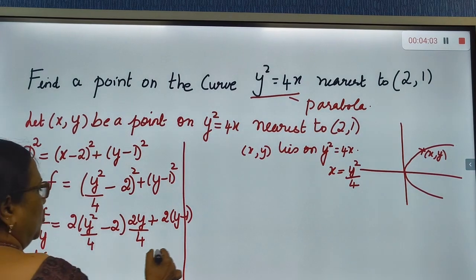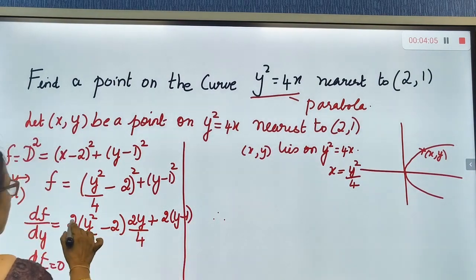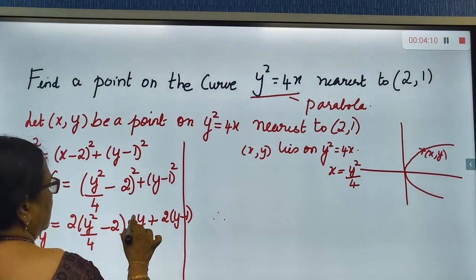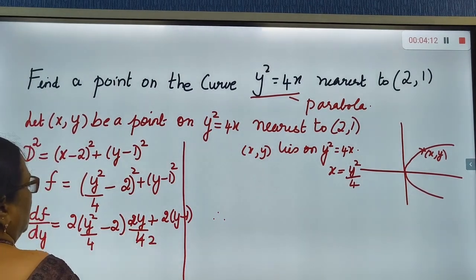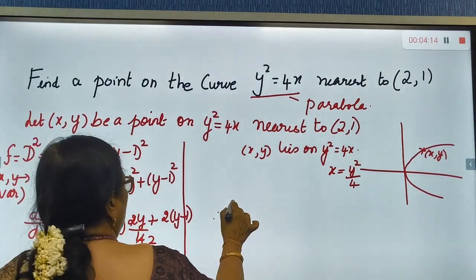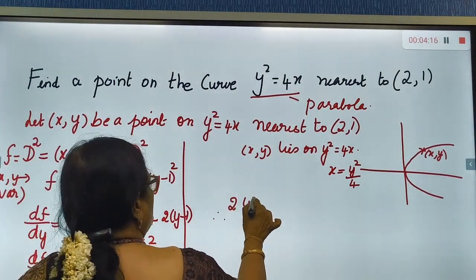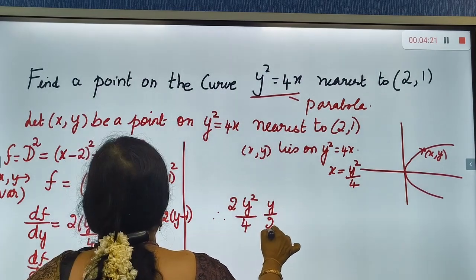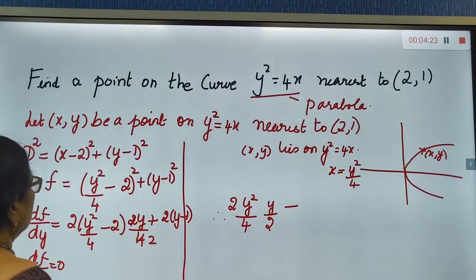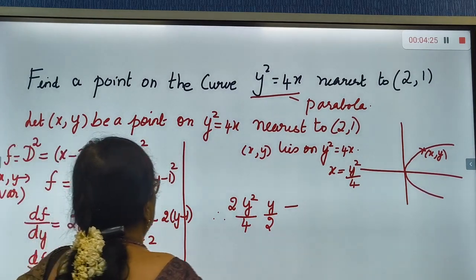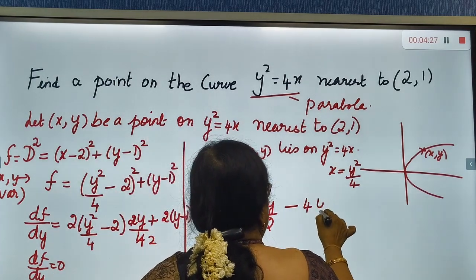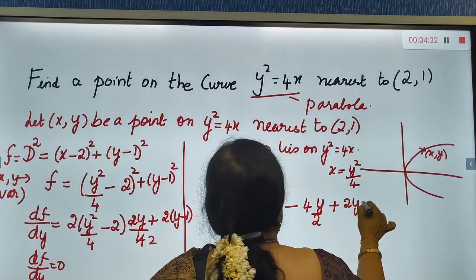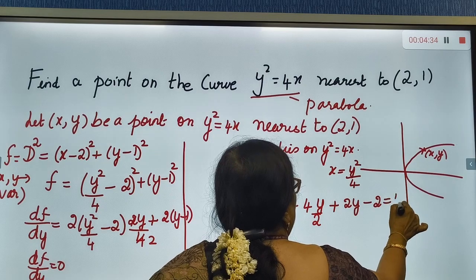Okay. Therefore, let me first simplify this. So first, this is 2, y by 2. So 2 into y square by 4 into y by 2 minus 2 into 2, 4, 4y by 2, minus 4y by 2 plus 2y minus 2 equal to 0.